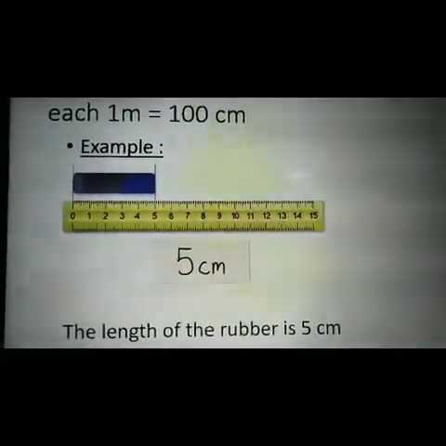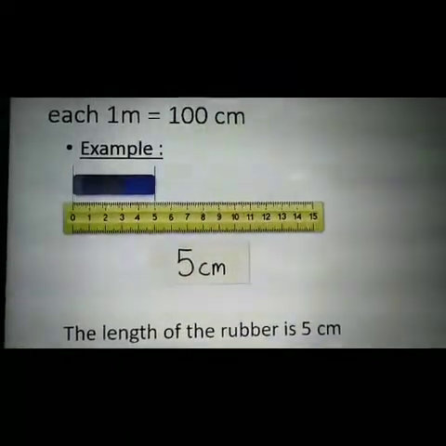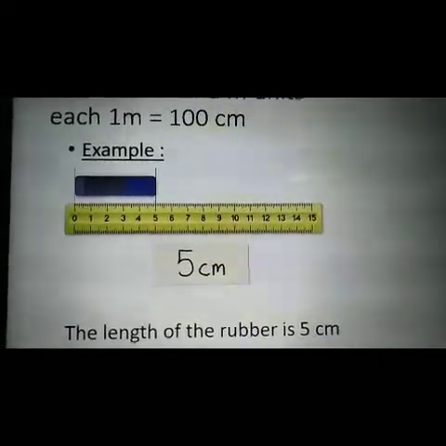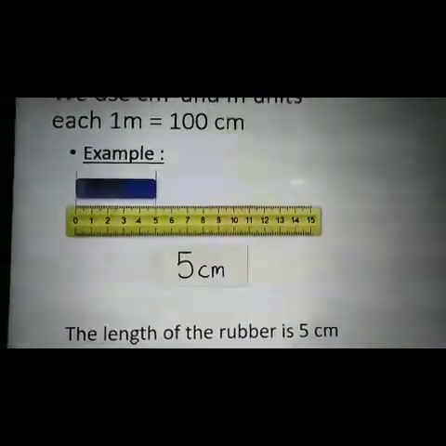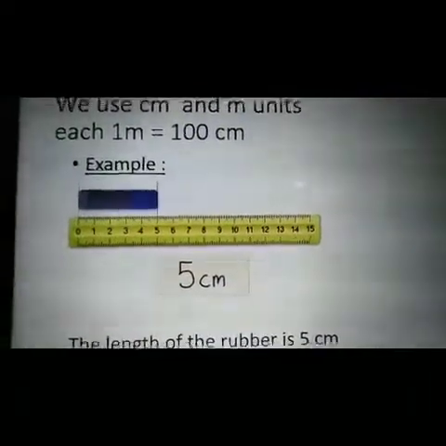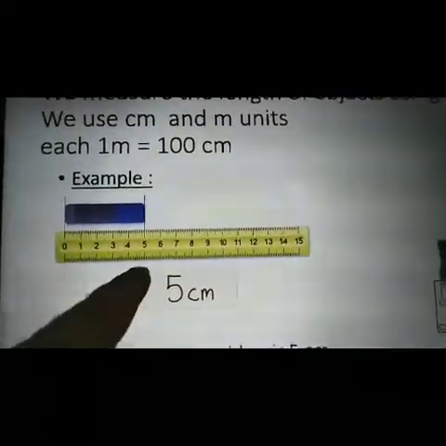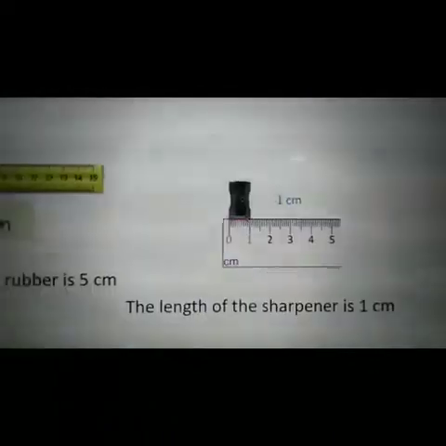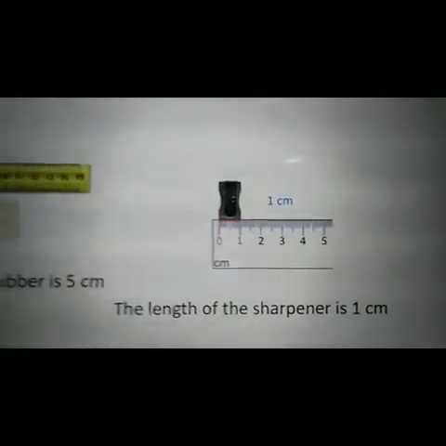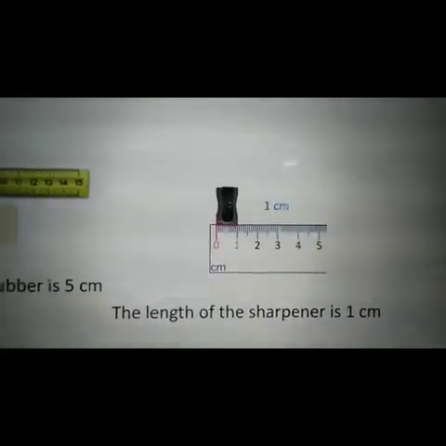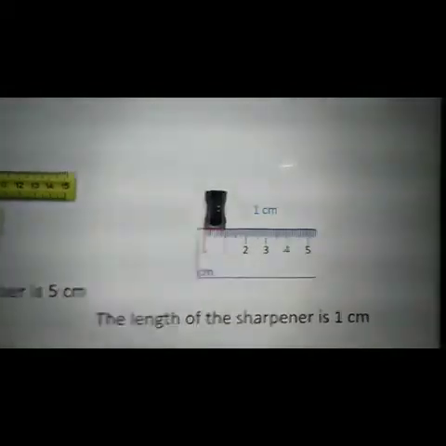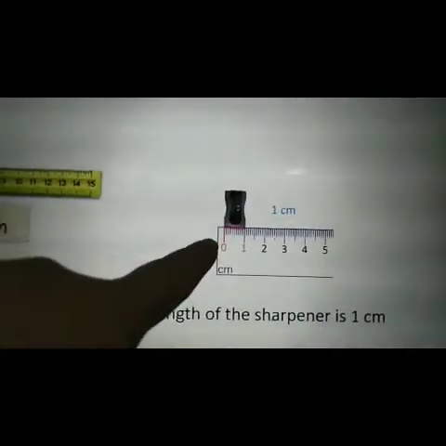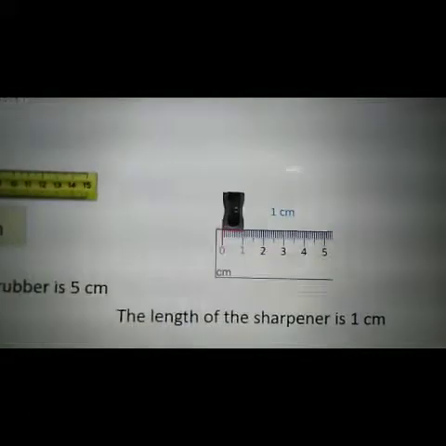In the first example, you can notice that the length of the rubber equals 5 centimeters because the two ends of the rubber stand on the numbers 0 and 5. So the length equals 5. In this example, you can find that the length of the sharpener equals 1 centimeter because the two ends of the sharpener stand between 0 and 1.